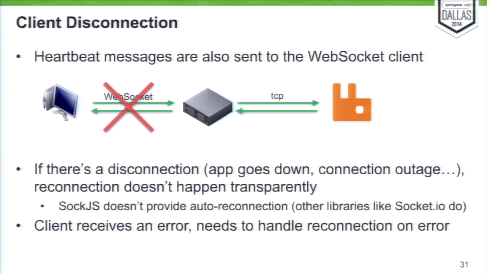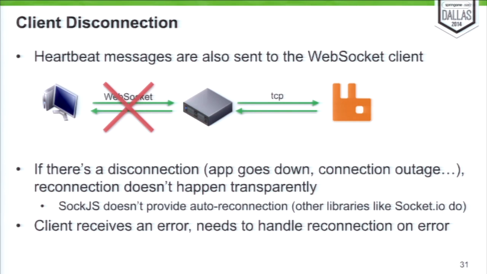But what happens when the client disconnects? So there's a connection outage, or the app goes down. Actually, there's no automatic reconnection happening. SockJS doesn't reconnect automatically. Other libraries like Socket.io will do that, but SockJS doesn't have that implemented.